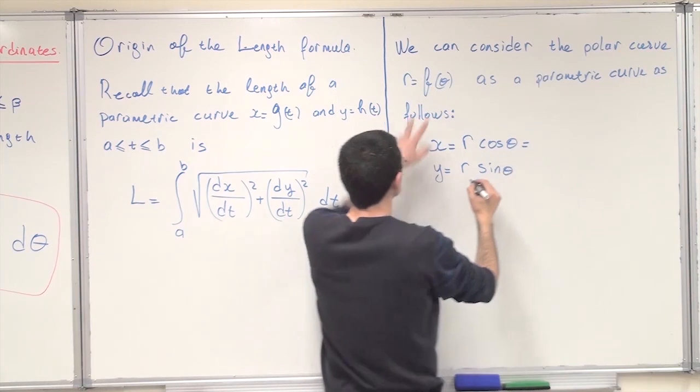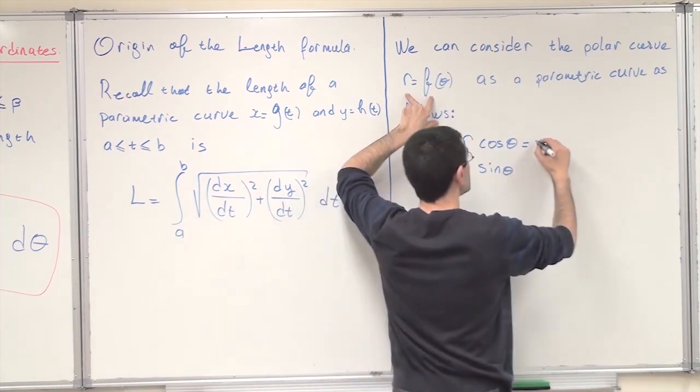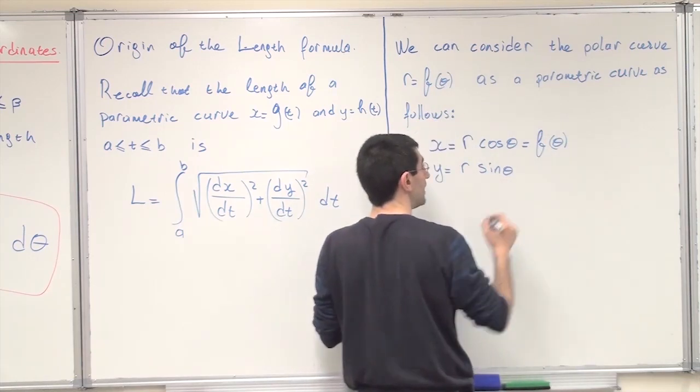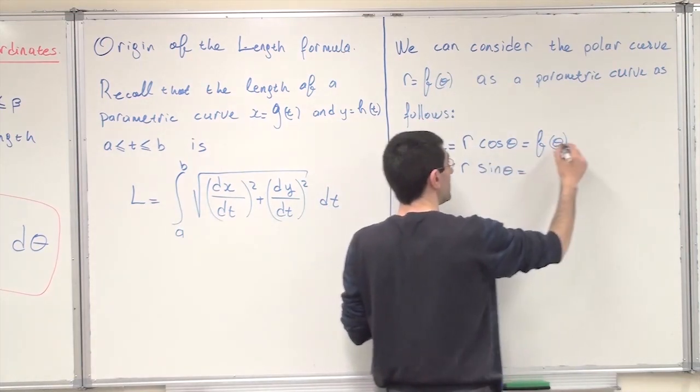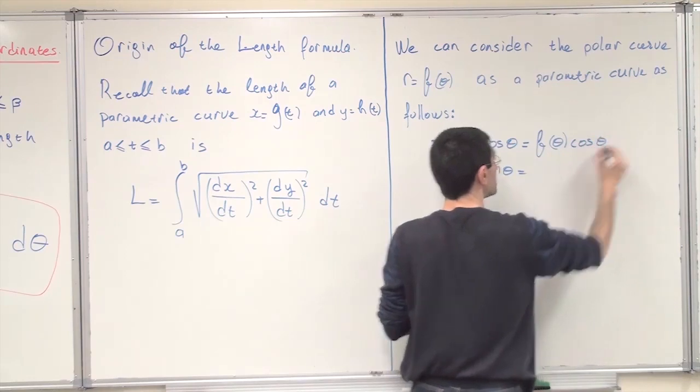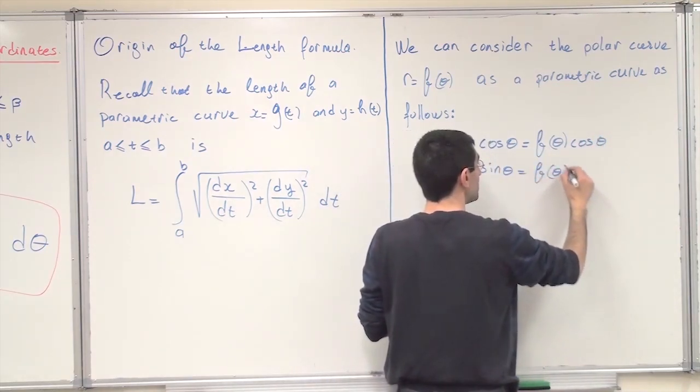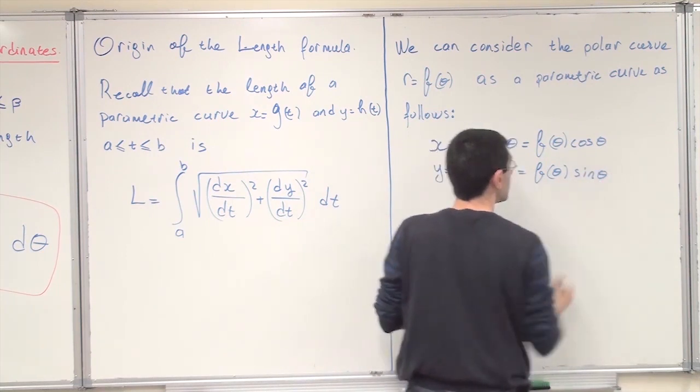Now that we know that r is a function of theta, we substitute in our relations r by f of theta. So x becomes f of theta cosine theta, and y becomes f of theta sine theta.